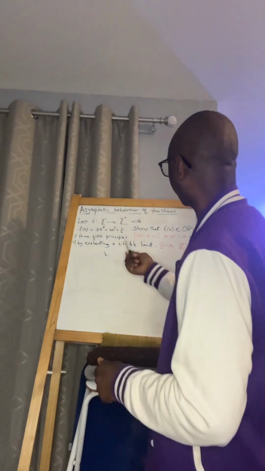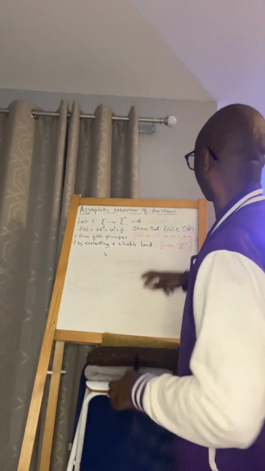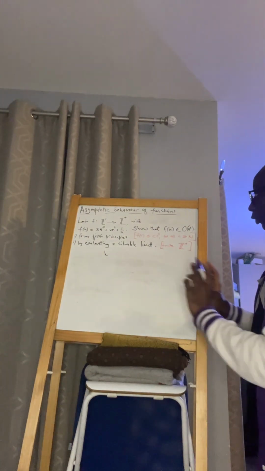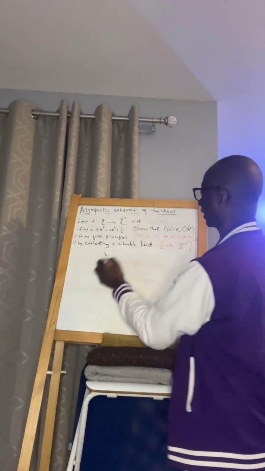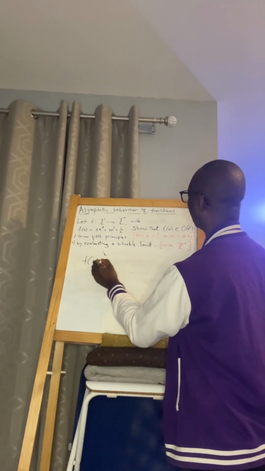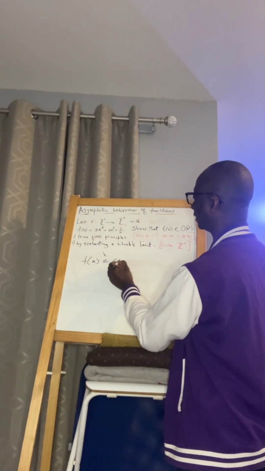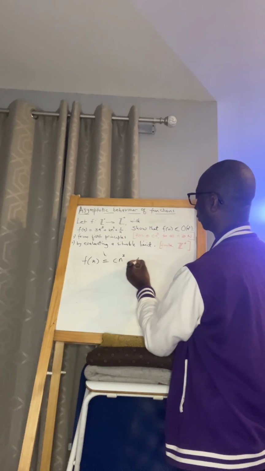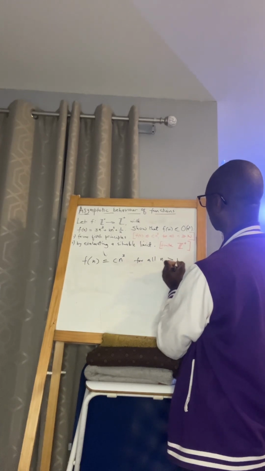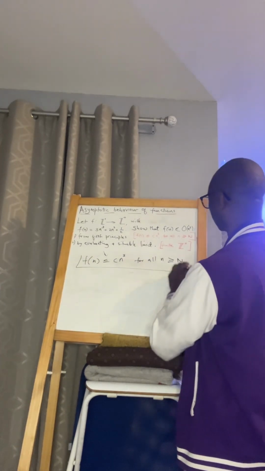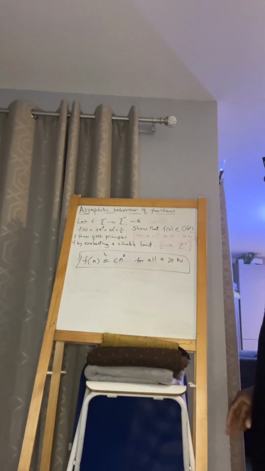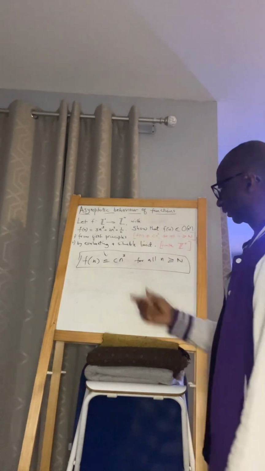If you are given a problem like this, and you are asked to solve it from first principles, what they want you to do is arrive at an answer that gives you this: f of n is less than or equal to c n cubed for all n greater than or equal to big N. This condition is what it means from first principles.